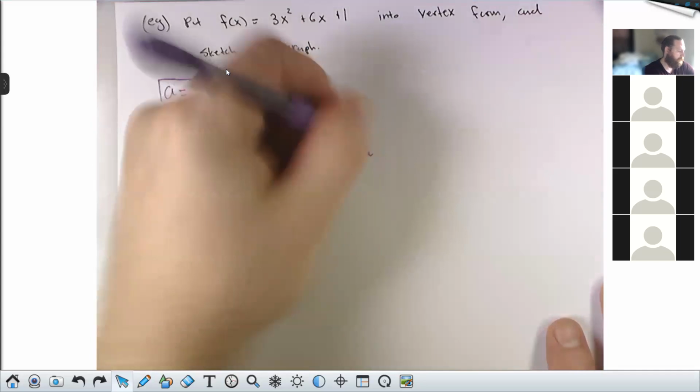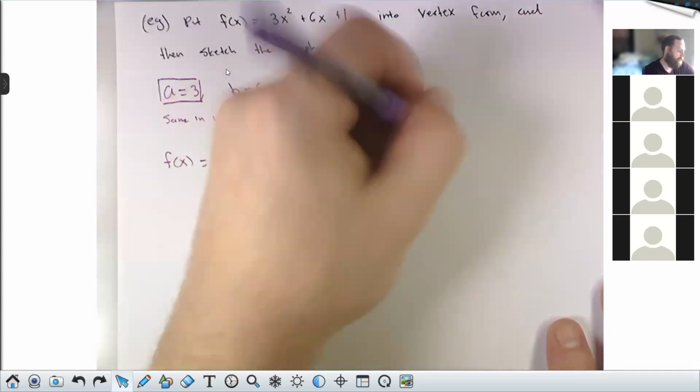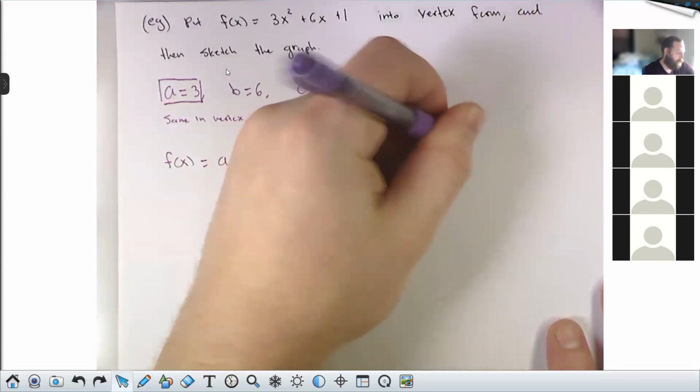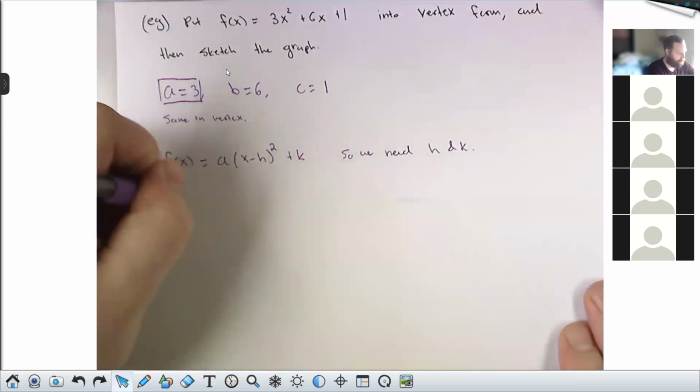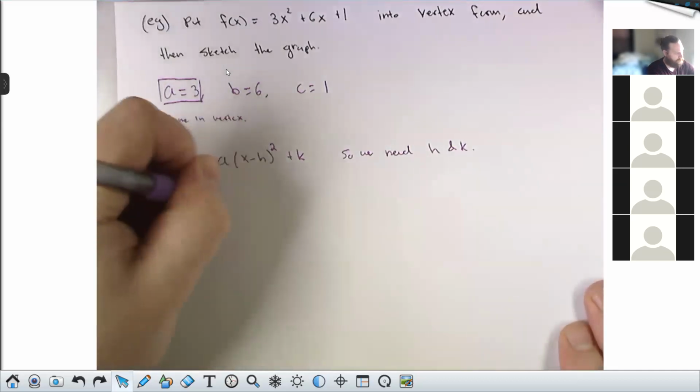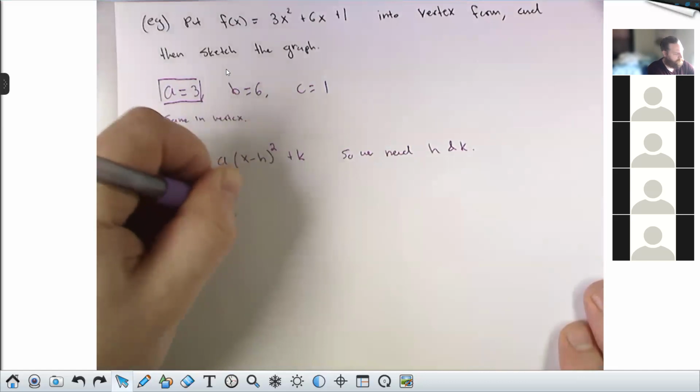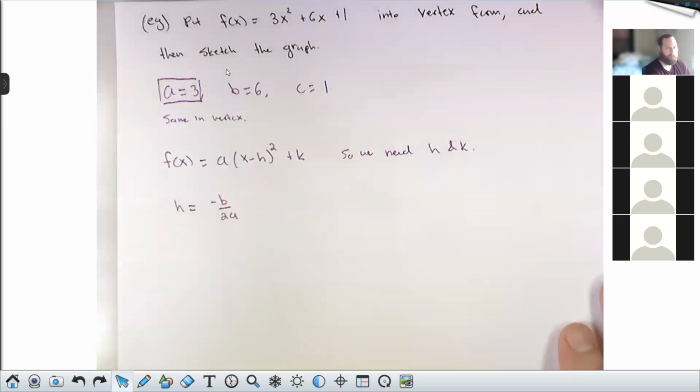So we still need h and k. There's a formula for h. It's negative b over 2a. Right, and this is also something we just need to remember.